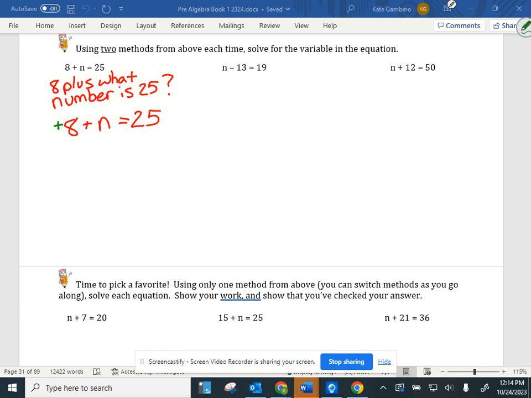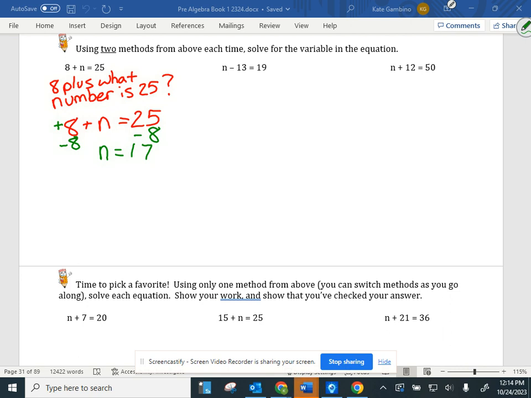The opposite of plus is subtract. So if we want to do our opposite to get n by itself, and this is adding a positive 8, we want to subtract 8 from both sides. 8 minus 8 gives me that 0, so I have n by itself. 25 minus 8 is 17.